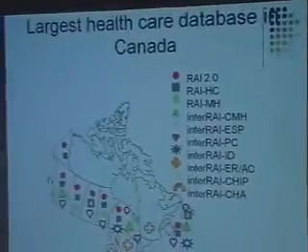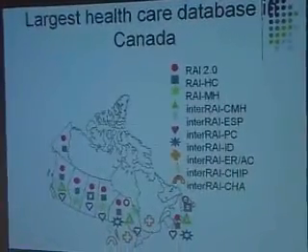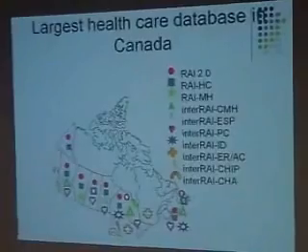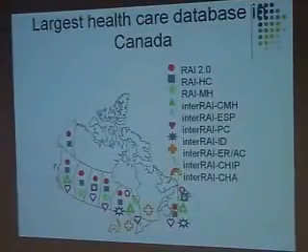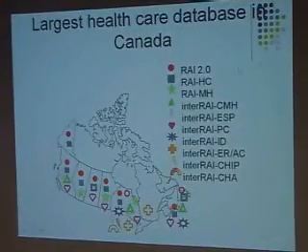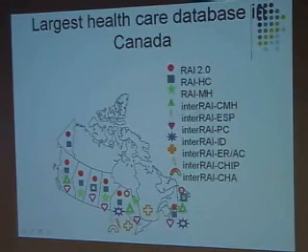Fortunately, this is a very well organized information system, in the sense that interRAI provides standard tools to be collected, and it's not only in Canada, there are in many countries now. And these are different situations, like home care, mental health, and so on. There are many different situations.